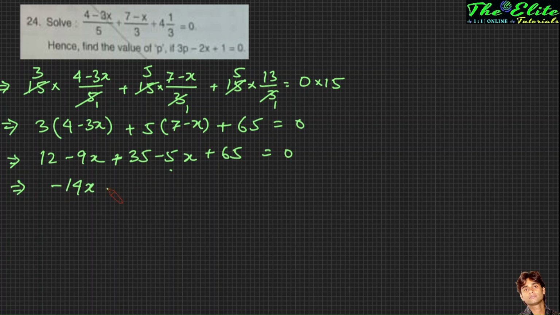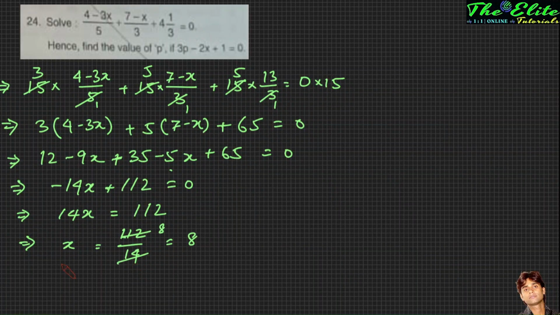And the numbers are very big: 65 plus 35 is 100, and with this 12, that is 112, is equal to 0. So 14x is equal to 112. What will be the value of x? x will be 112 by 14. I think 8 times. Yes, 8 times. x is equal to 8.